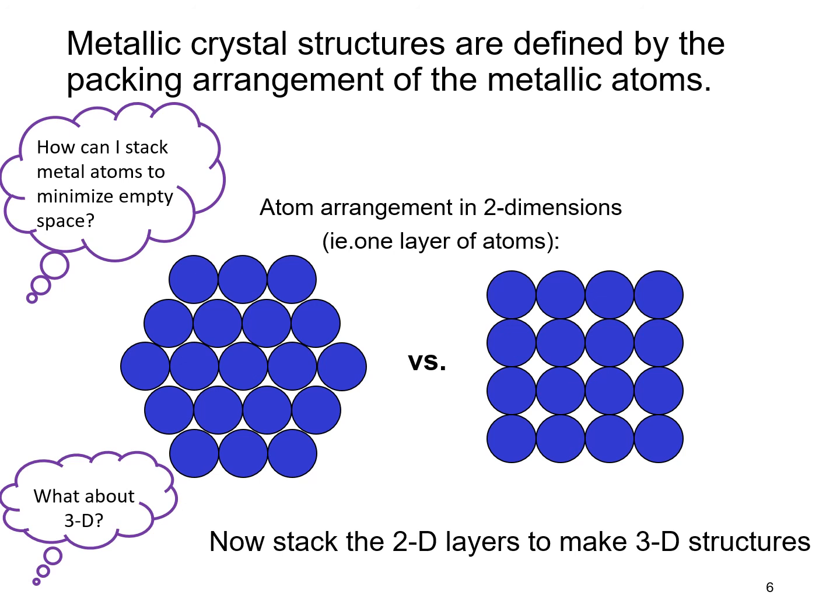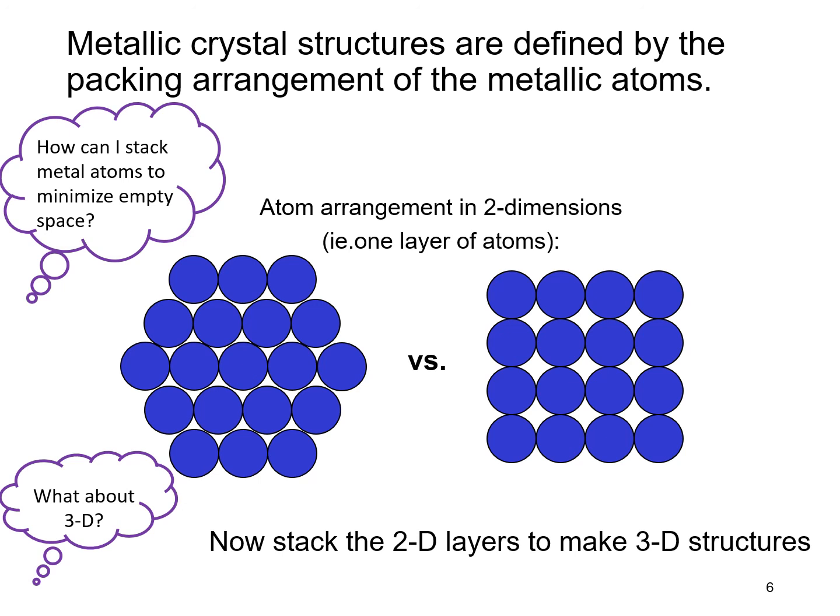So what does this look like in 3 dimensions? We have to take these different layers and stack them. You could take the pattern on the right-hand side, for example, and put the second layer directly on top of that first layer.